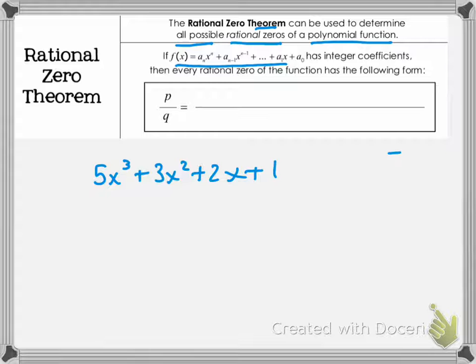Okay, P is the factors of the constant term. In our example, it would be the factors of 1. And Q are the factors of the leading coefficient.